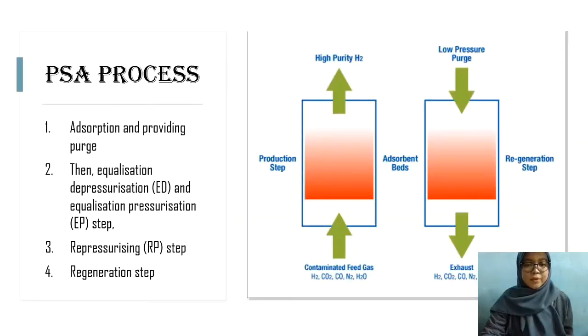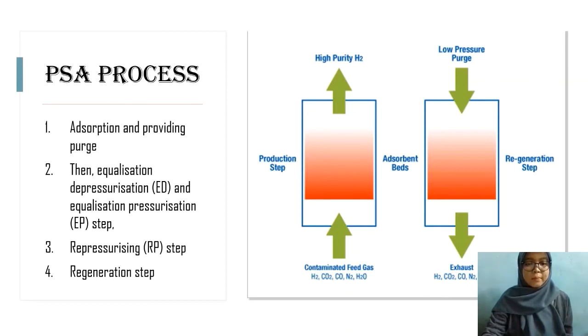The steps of purification for the PSA process start with adsorption and providing purge, where the first bed is used in adsorption mode, while the other will be used for the regeneration step. Then the equalization depressurization and equalization pressurization step, which is when the first bed will be depressurized and another is pressurized.